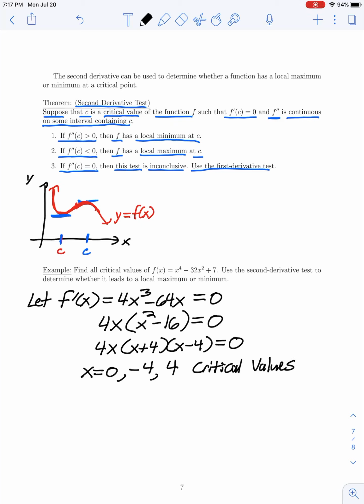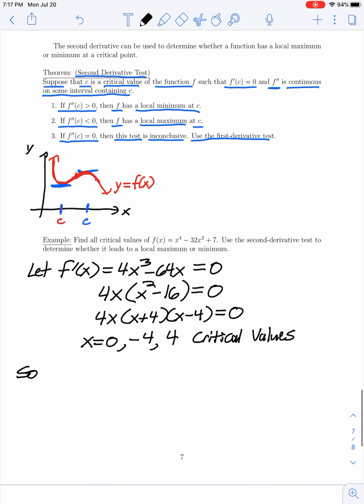Now, once we find these critical values, the second part of the question says use the second derivative test to determine whether these values lead to a local maximum or minimum. So we need to find the second derivative, f double prime of x, which here is equal to 12x squared minus 64. And then we're going to evaluate the second derivative at the critical values we found.